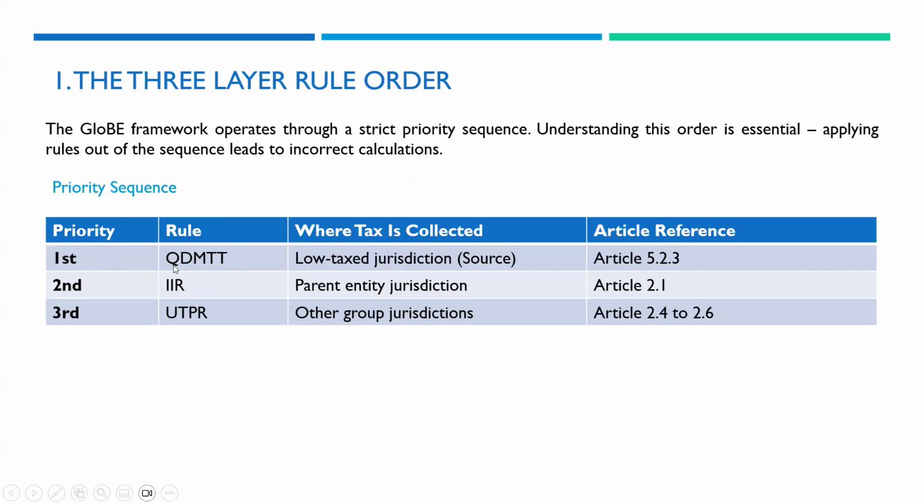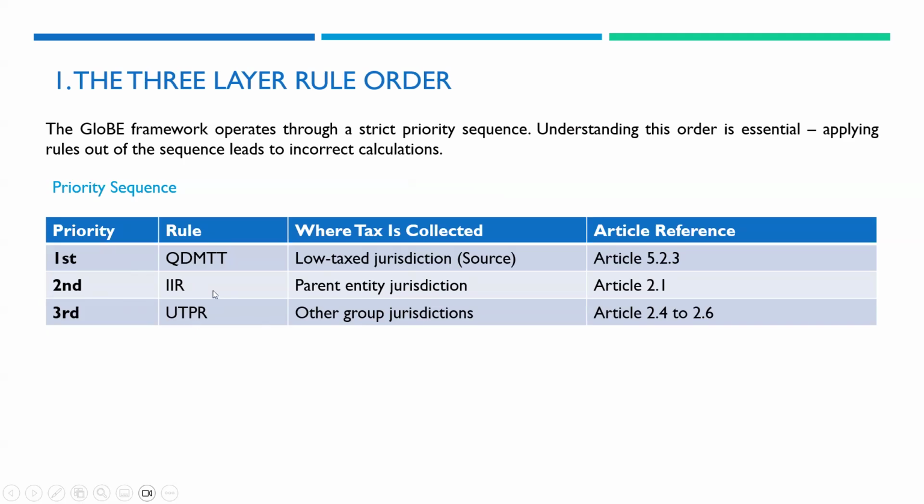After QDMTT is applied, if anything is residual still, then only IIR comes into the picture and the parent entity collects it. And after application of IIR, if anything is again residual due to the inclusion ratio problem, then UTPR kicks in. So it's always in this priority. Now, people may say UTPR would be very rare in that scenario.